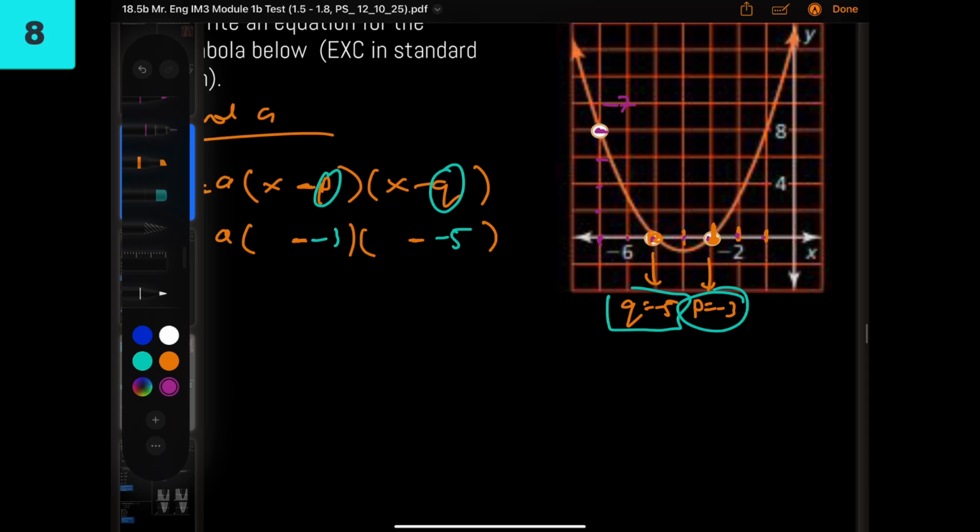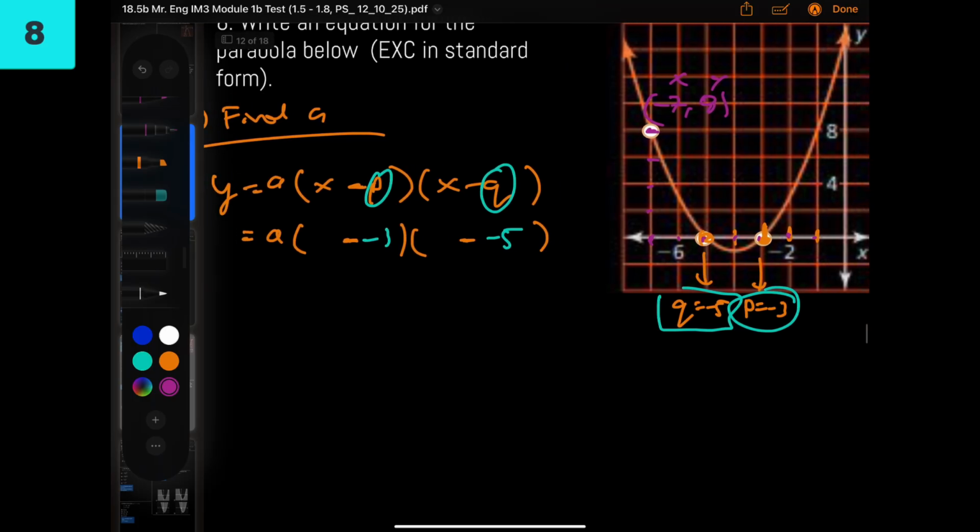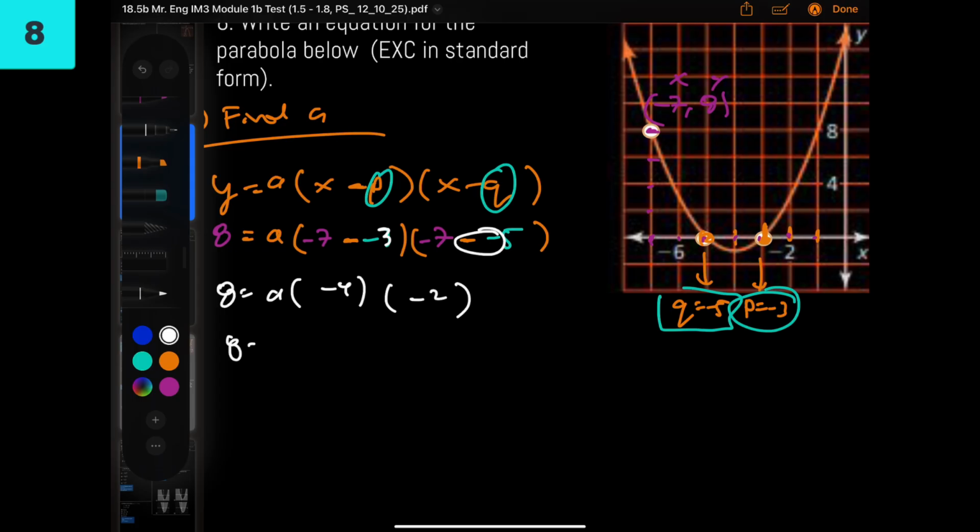But pay attention, that's actually an 8. -7, 8 is my x, y. Okay, let's put that in there. So 8 and then -7. Simplify this and just solve for a. So that'll become -4. This will become -2. That'll become +8. And then a is equal to 1.